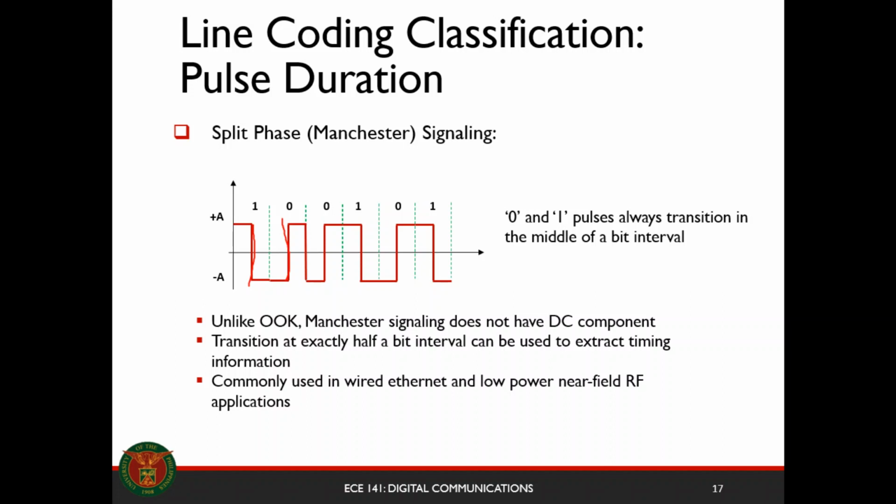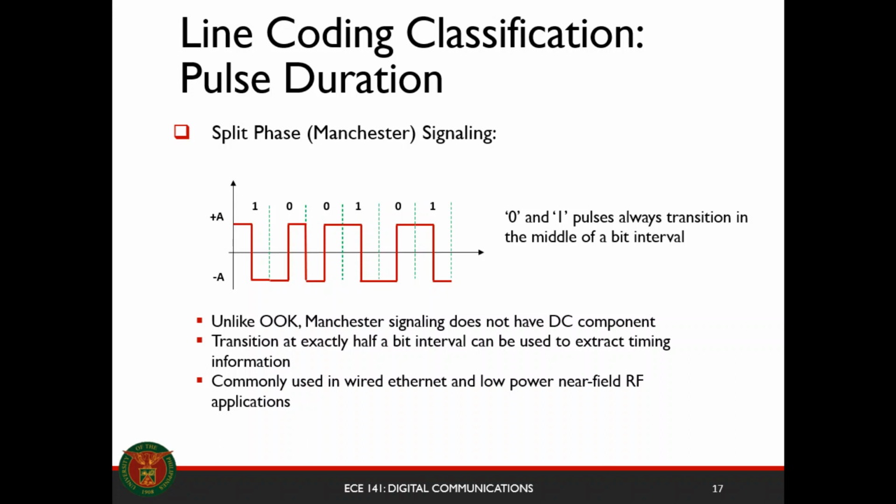So at the middle of the bit levels, you will identify a transition, and depending on the previous and the current value, you determine the value of the bit. And this is actually a good way to extract the timing. So instead of encoding the signal at the value of the level, you're encoding the signal at the transition. And every transition creates a timing opportunity.